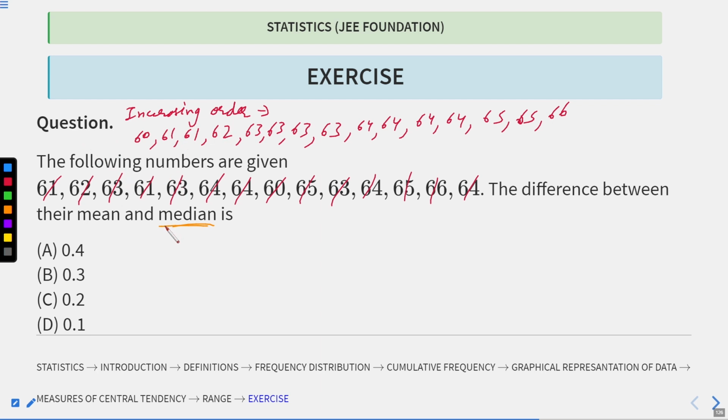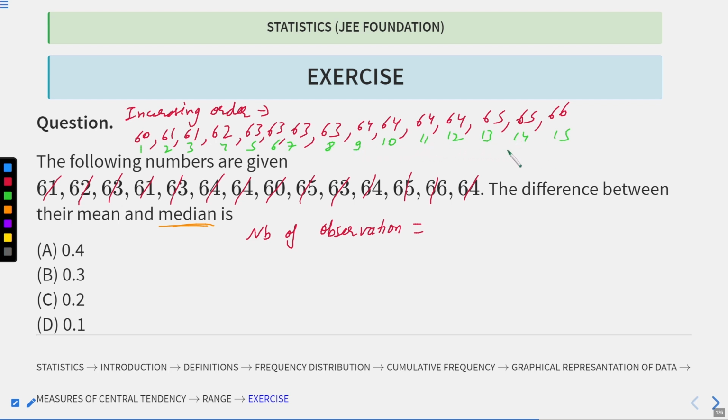Now to find out the median, let's find out the number of terms. So number of observations is equal to, let's count, 1 2 3 4 5 6 7 8 9 10 11 12 13 14 15.